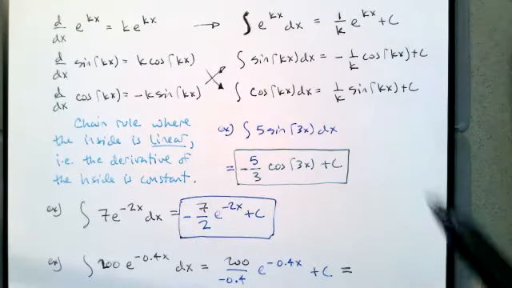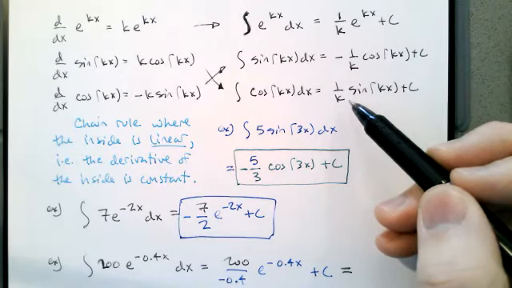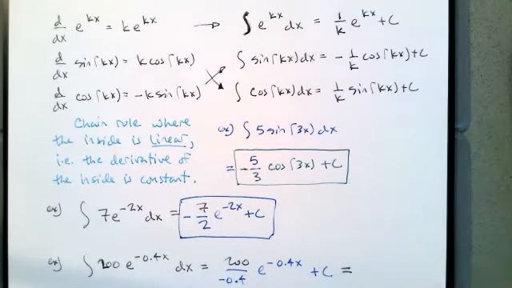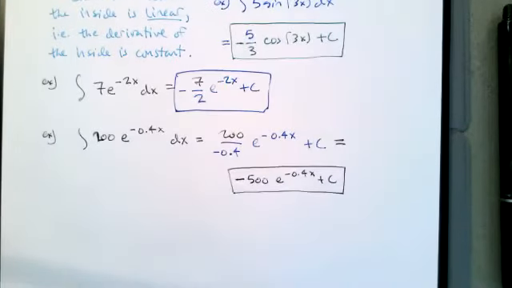We get to divide by the derivative of the inside because the derivative of the inside is just a constant. That's the important thing to take away moving forward with these simple ones.